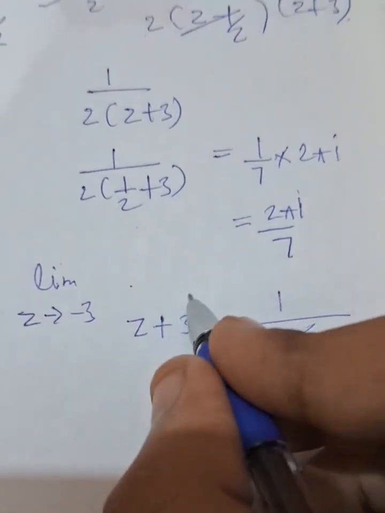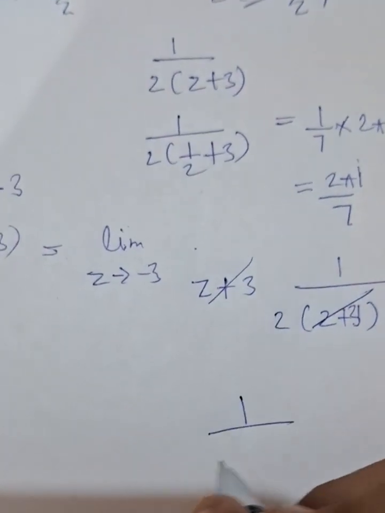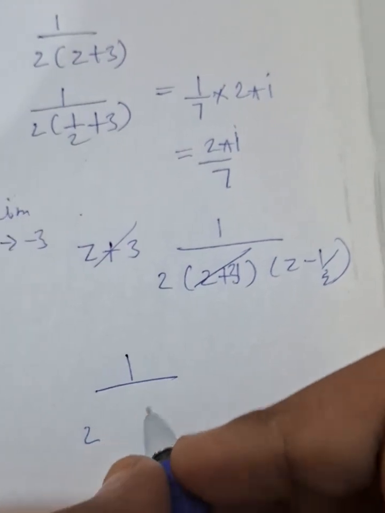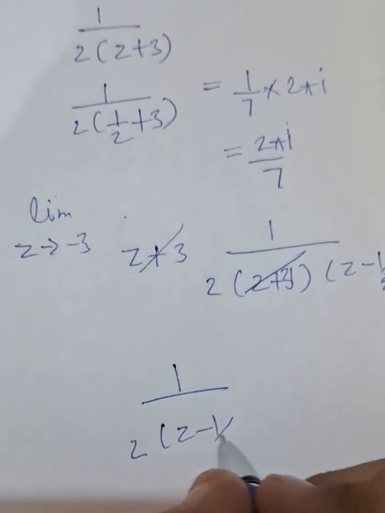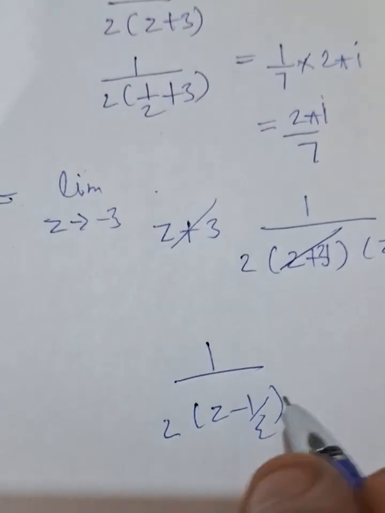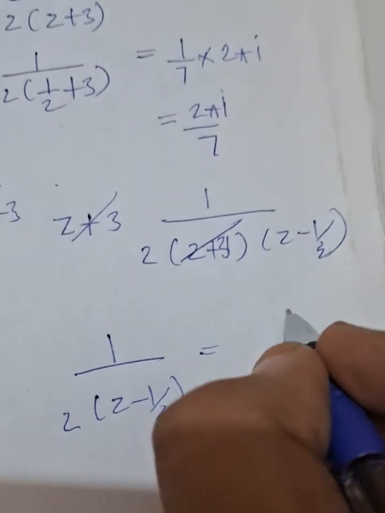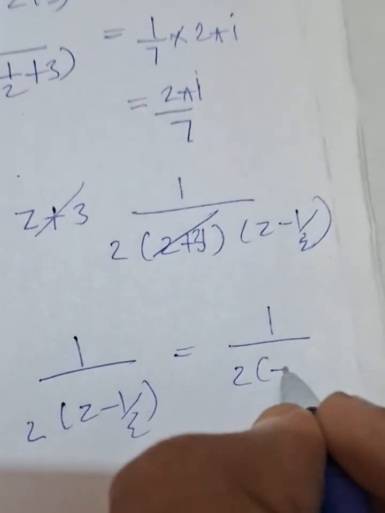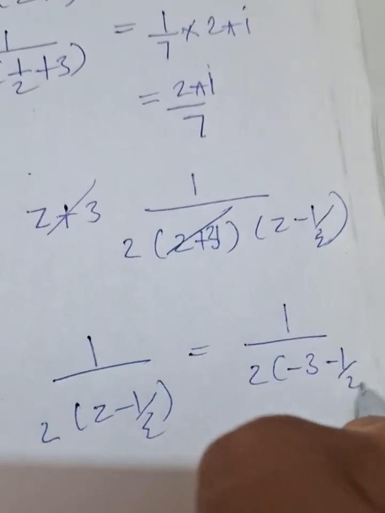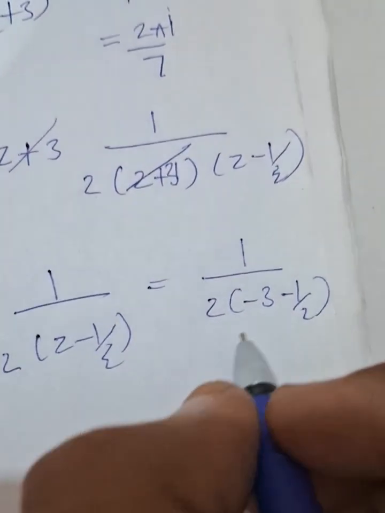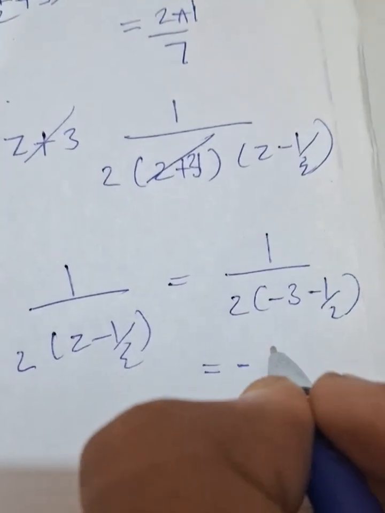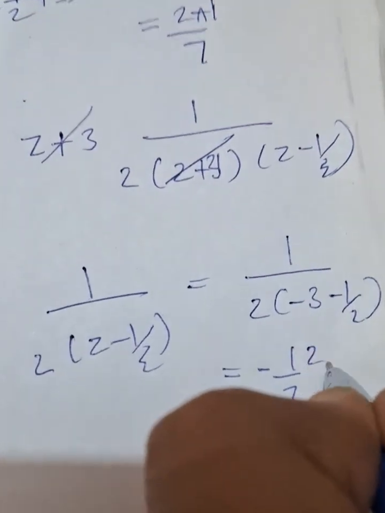So both these factors get cancelled and we are left with 1 upon 2z minus 1 upon 2, and we have to put z as minus 3, so it will be 1 upon 2 times minus 3 minus 1 upon 2, so it will turn out to be again minus 1 upon 7, and we can multiply it by 2πi.